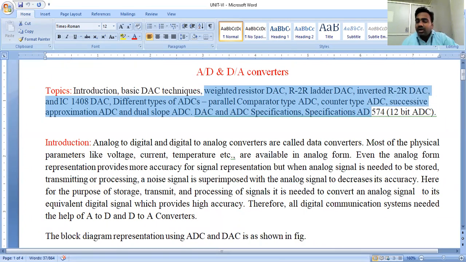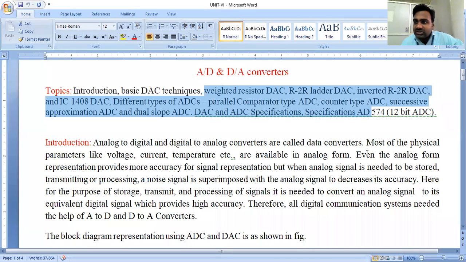What is the main objective, and what important role does this play? Mostly these are called data converters. How do we use the term data converters?